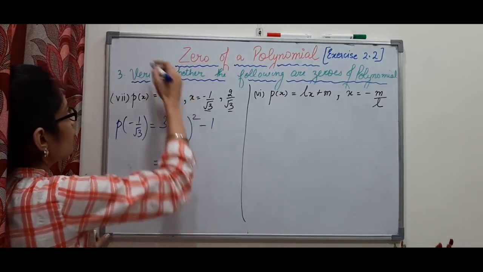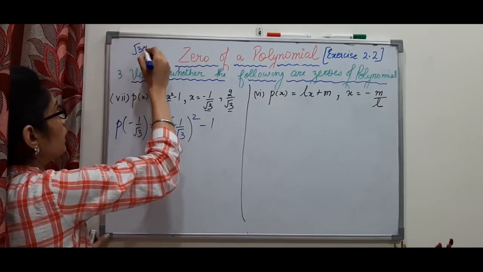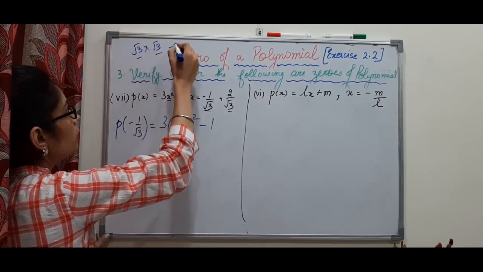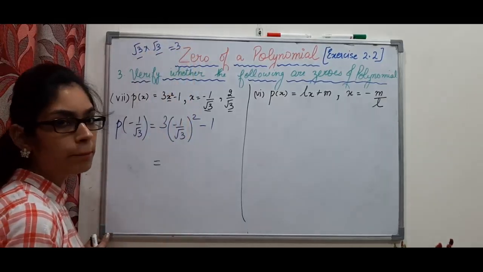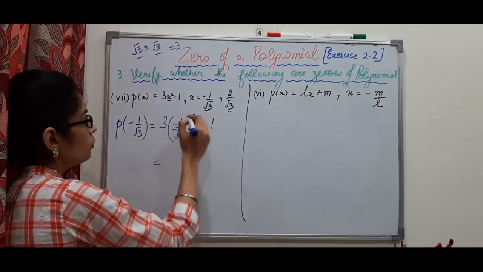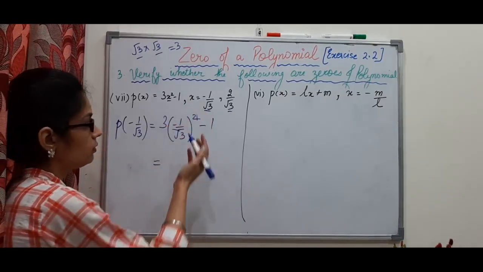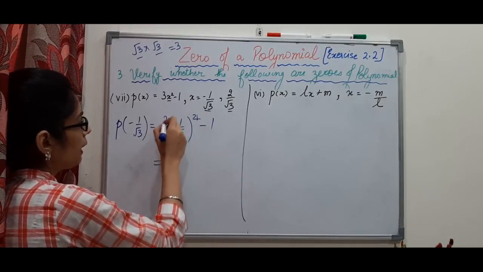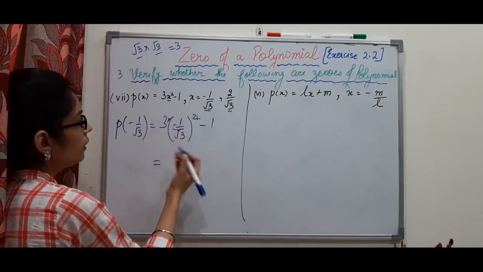Whenever you square a root number, root 3 into root 3 will become 3. Or you can also say this root will get cancelled with the square. This is how you can do it. So, bracket means multiplication, so 3 into 1.